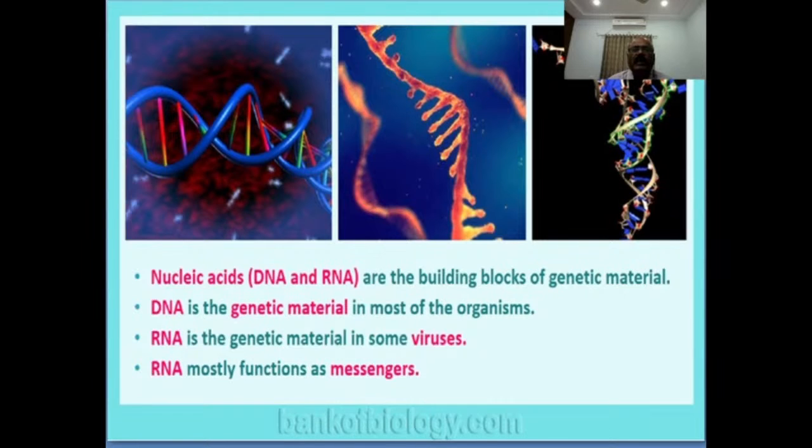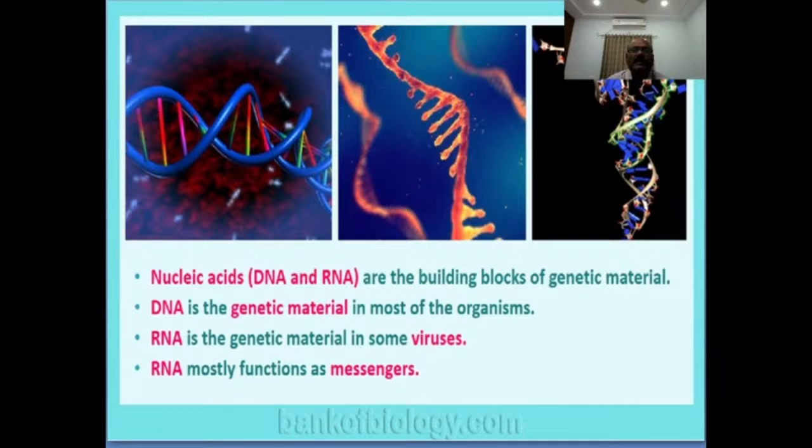DNA and RNA are the building blocks of genetic material. Genetic material means it is responsible for the transmission of characters from parents to offspring, that means from one generation to the next generation.